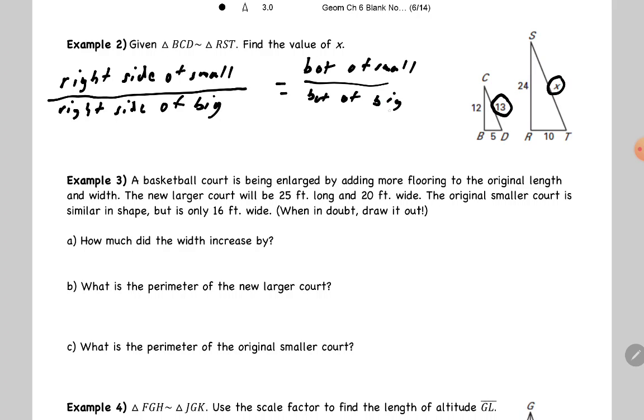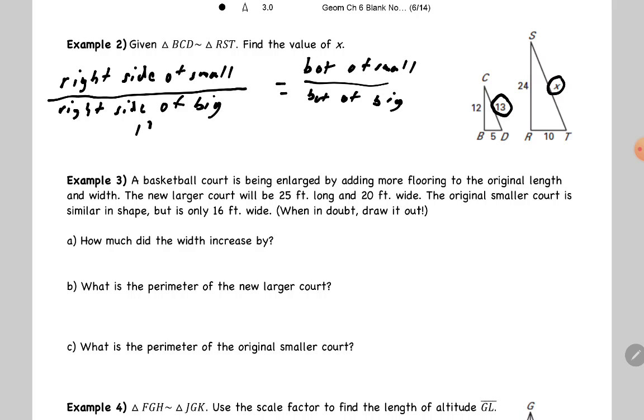Whenever you're creating your proportions, you always want to make sure you're comparing one triangle to the other. So what I did was compare the right side of the small triangle over the right side of the big triangle, and then compare that to two known sides, the bottom ones. So bottom of small, bottom of big. See how the smalls are on top and the big are on bottom. So always keep your numbers in order.